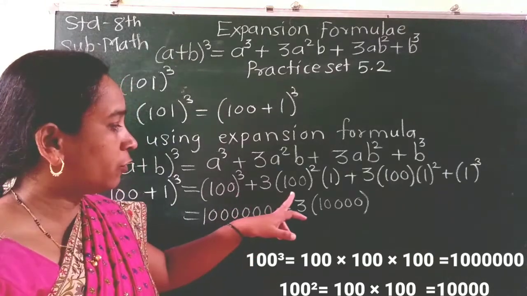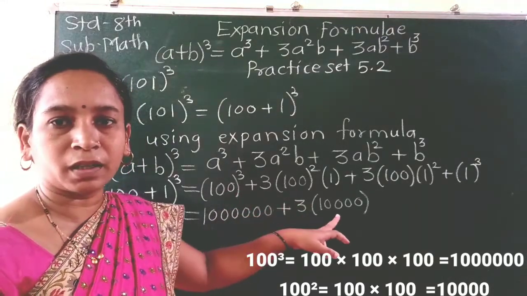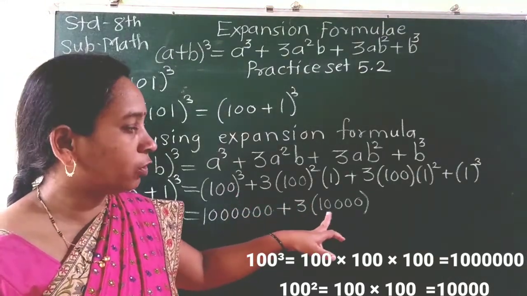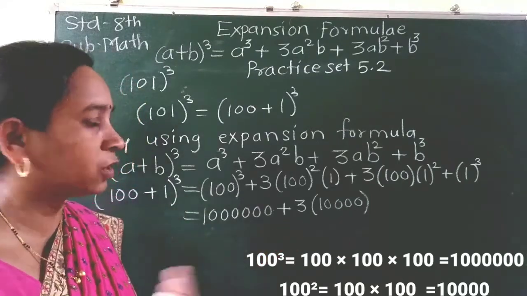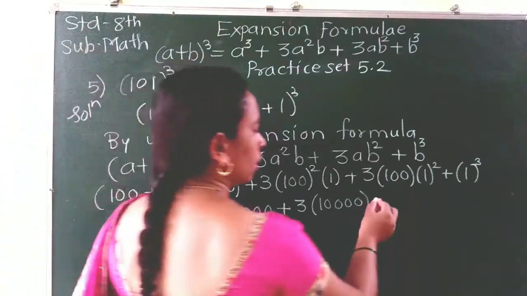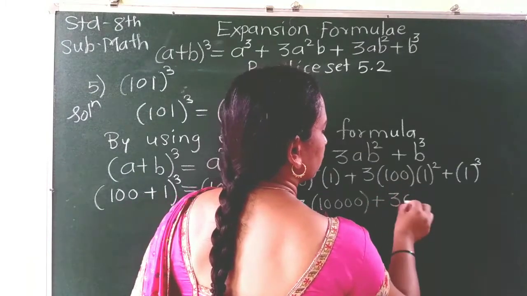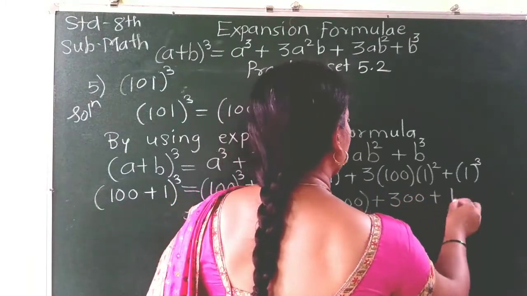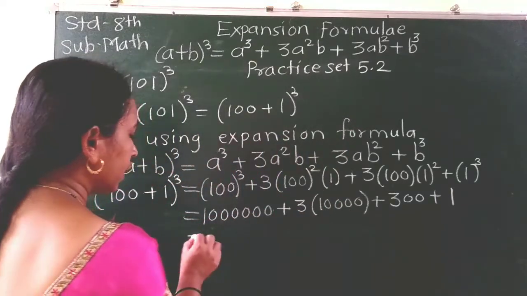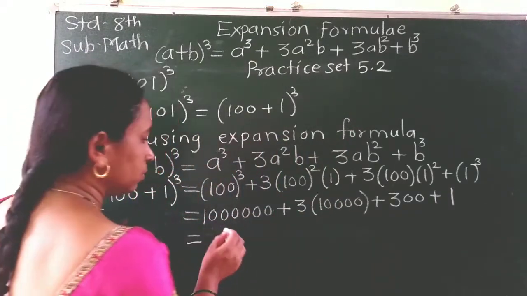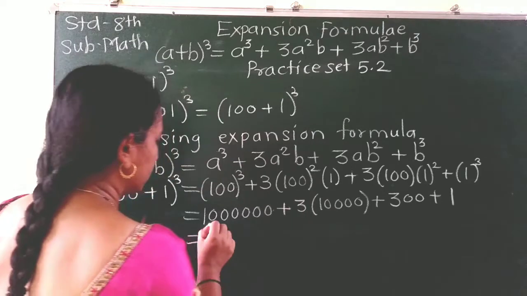If you want to make the square of this 100, 1 and 4 zeros will be added, 2 zeros will be doubled. Here 300, plus 1's cube is 1. After adding it, we'll get the answer. So before addition, I have to multiply this.